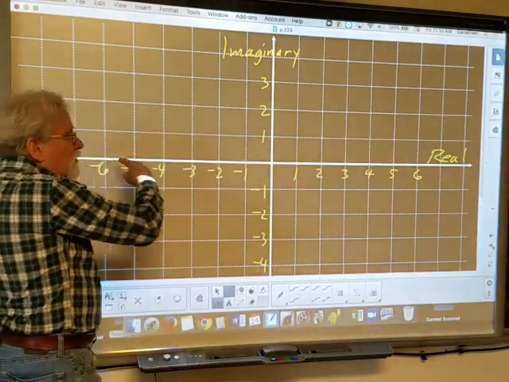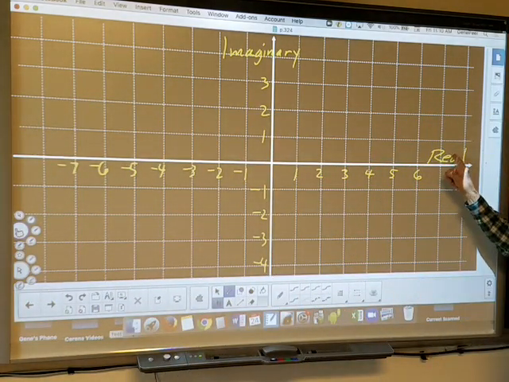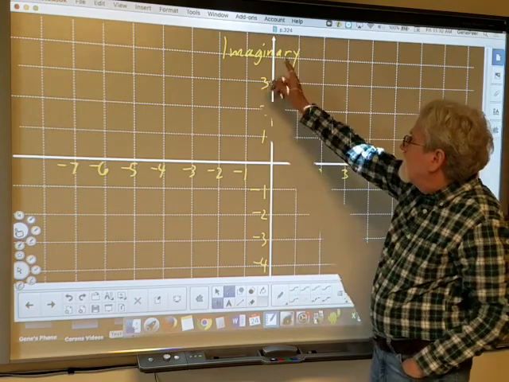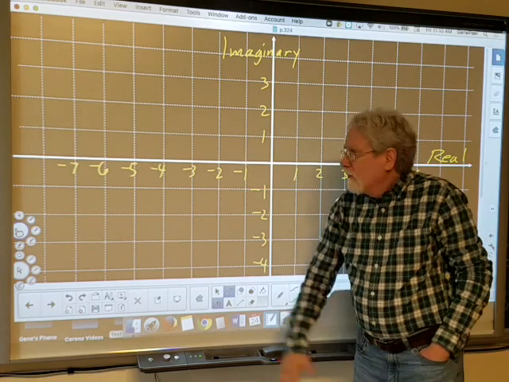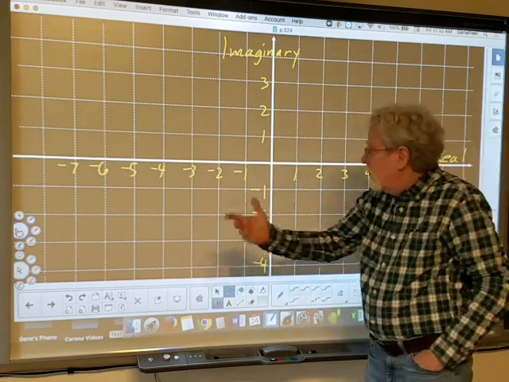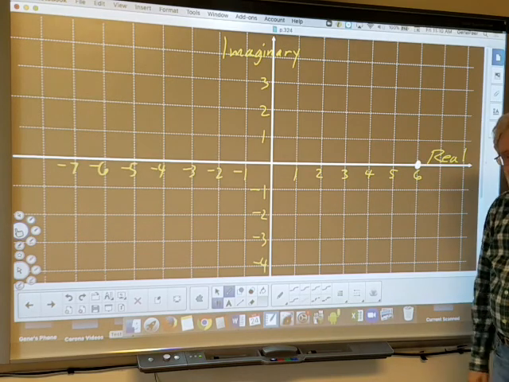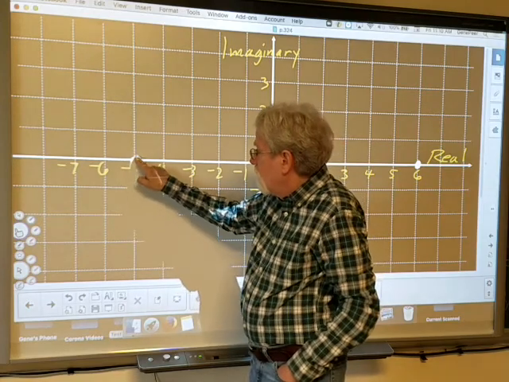This thing we used to call the x-axis now becomes the real axis. And this thing that we used to call the y-axis now becomes the imaginary axis. So the real number 6 is still found right here. The real number -5 is still found right there on the real axis.